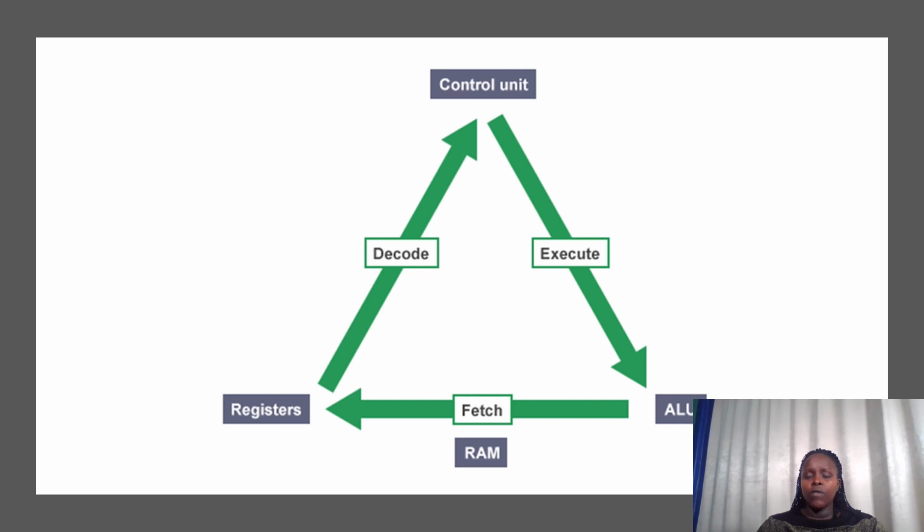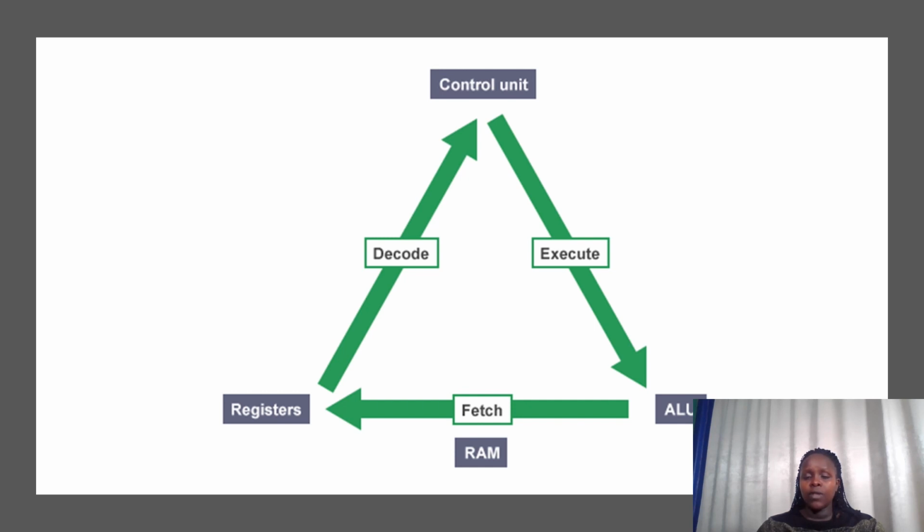So with this brief diagram that will help you memorize the fetch, decode, execute cycle, here you see that you have a triangle from the control unit to the arithmetic logic unit. We have random access memory and the registers. Remember that the control unit will take the data from registers. Those data from registers will come from the RAM.